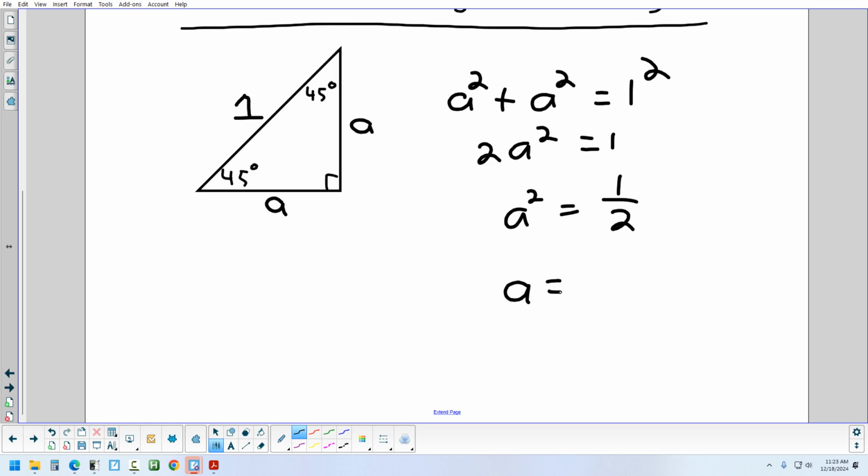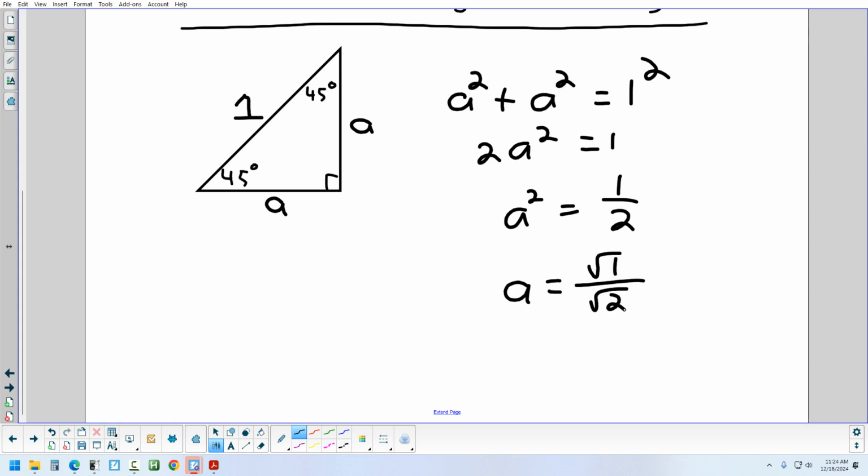The square root of 1 over 2. The square root of 1 over the square root of 2.